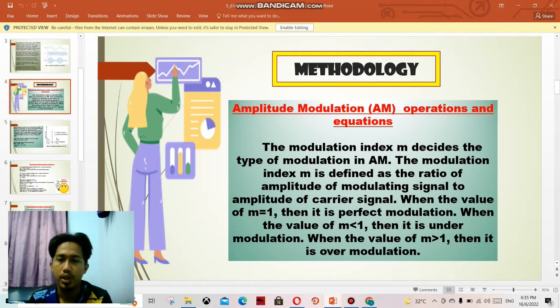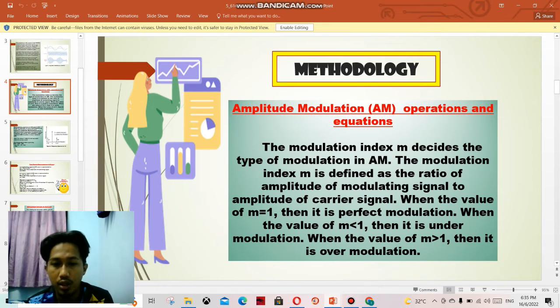Assalamualaikum warahmatullahi wabarakatuh. Today I will explain about the methodology: amplitude modulation AM operation and equation. The modulation index m decides the type of modulation in AM. The modulation index m is defined as the ratio of the amplitude of the modulating signal to the amplitude of the carrier signal.